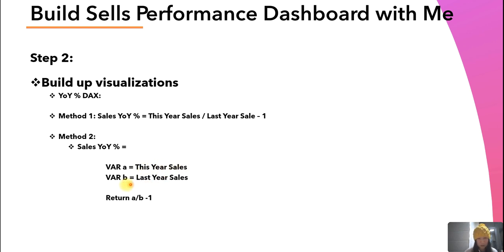And we give a variable B, named last year's sales. We will write the function here, and then we will just return A divided by B minus 1. So in this way, it's more readable, and if there's anything wrong with your DAX, it might be easier to debug and change the formulas here.